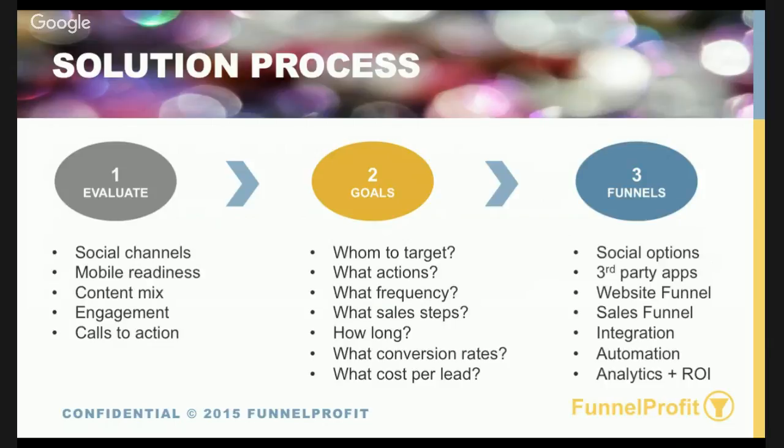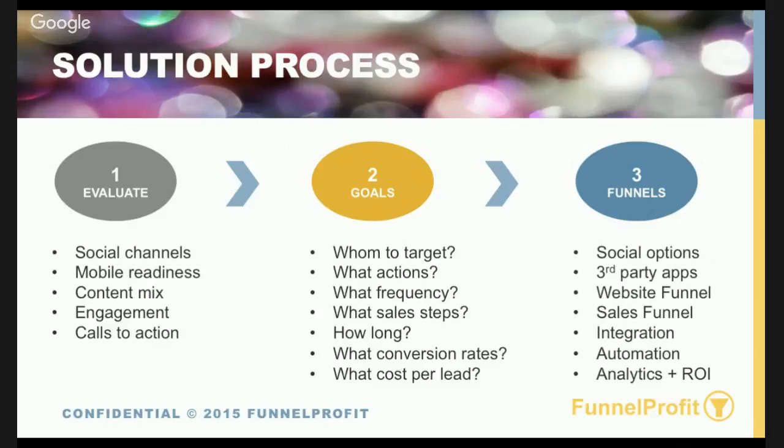The next major step we take in the process is to build out and automate your funnel so that it incorporates the social media platforms and channels where you're participating into your lead generation process. Those social media platforms, most of them contain tools to allow you to do some of this.